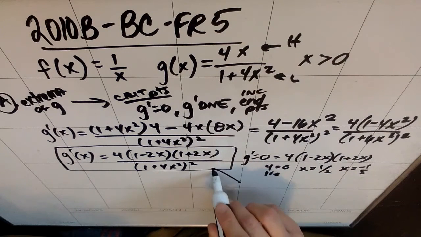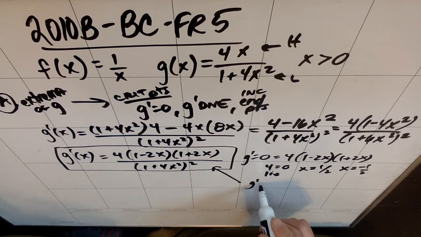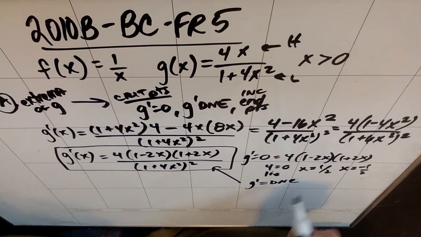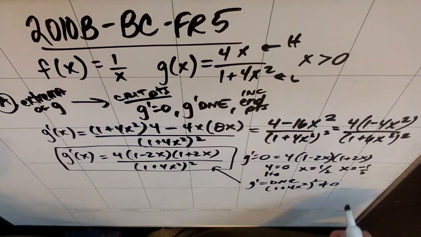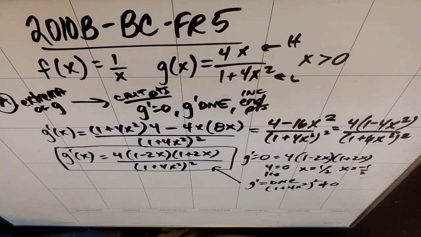And there's no places where g prime does not exist because the denominator is never 0. So 1 plus 4x squared is not 0 for real numbers. The only way that comes out to be 0 is if you use i's, and we don't have imaginary numbers here. So there are no critical points there.